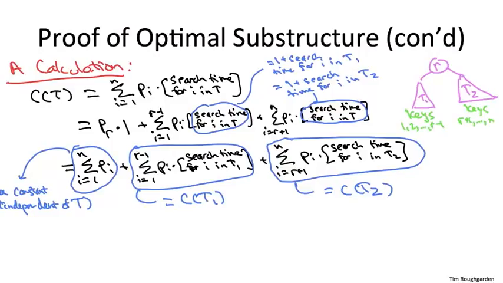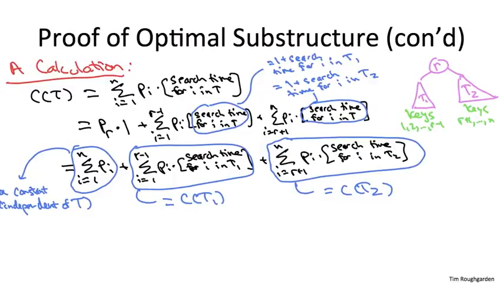So we did this computation with the purportedly optimal search tree capital T in mind, but if you think about it, you look at this algebra, this applies to any search tree you like. For any search tree, the weighted search cost can be expressed as the sum of the p_i's plus the weighted search cost of the left subtree of the root plus the weighted search cost of the right subtree of the root.